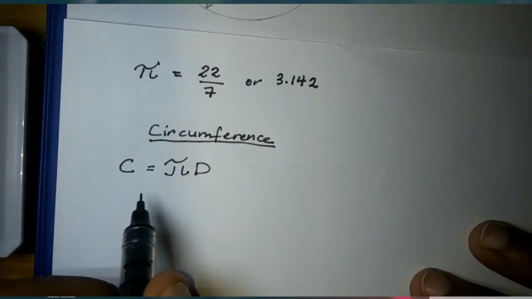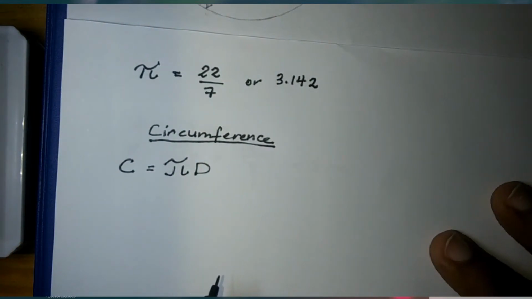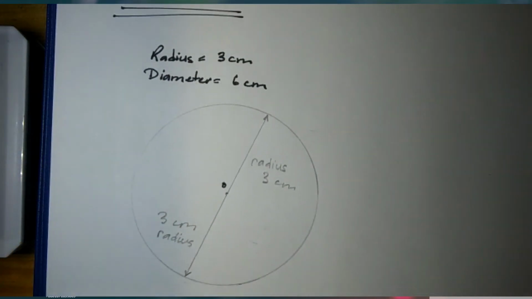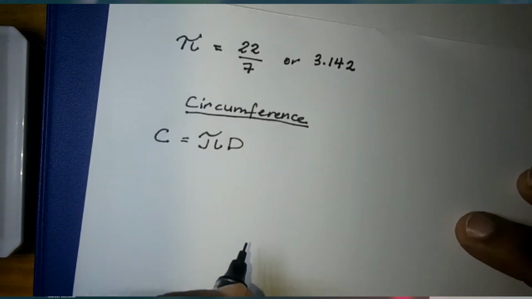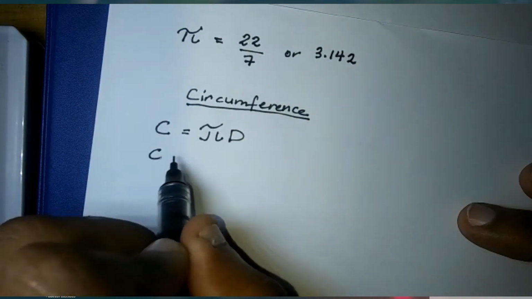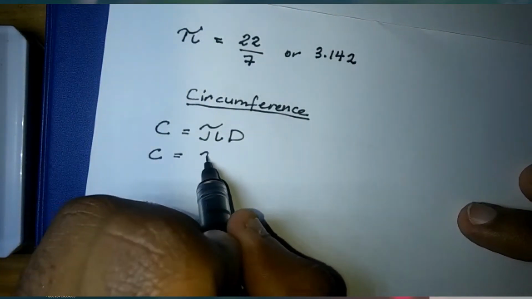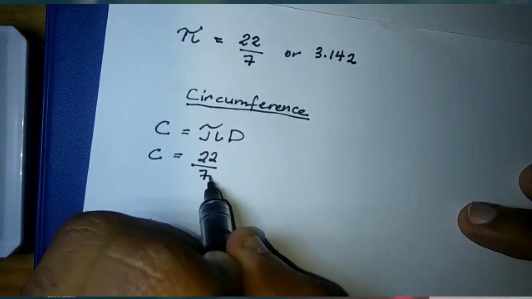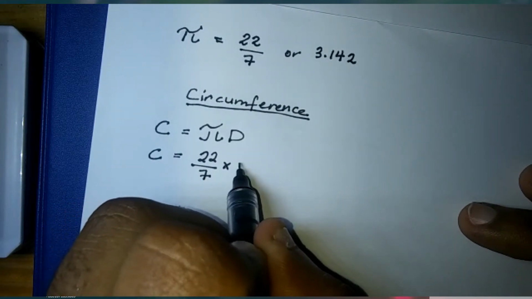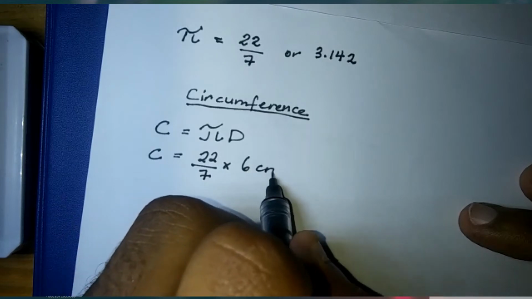So to calculate the circumference of this circle with a diameter of 6 centimeters, circumference is equal to pi, which is 22 divided by 7, times my diameter, which is 6 centimeters.